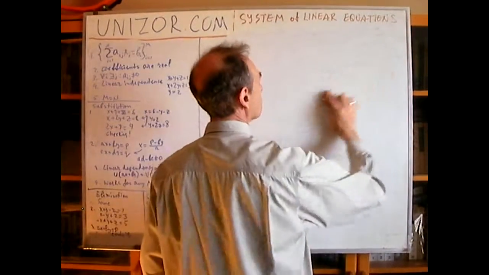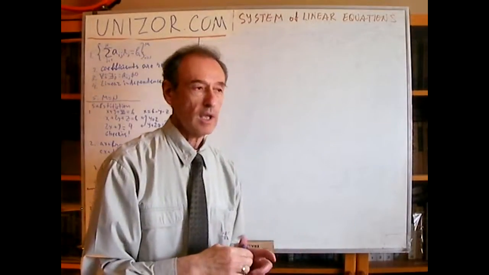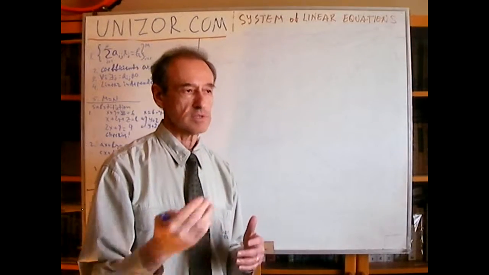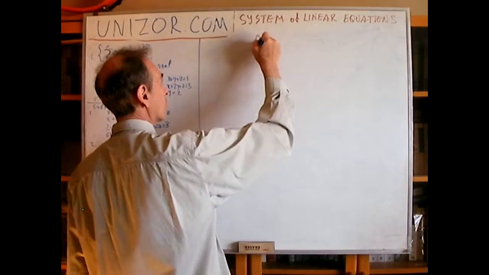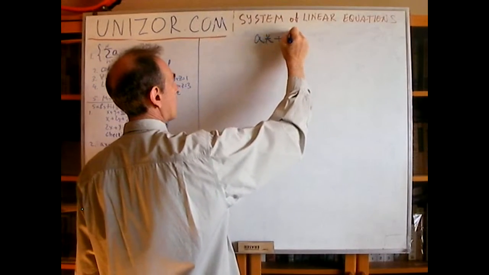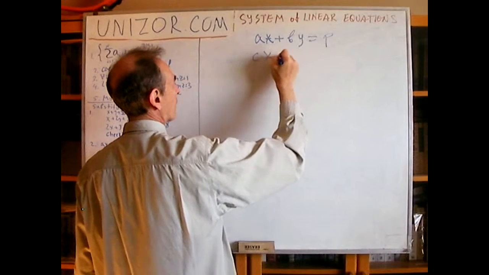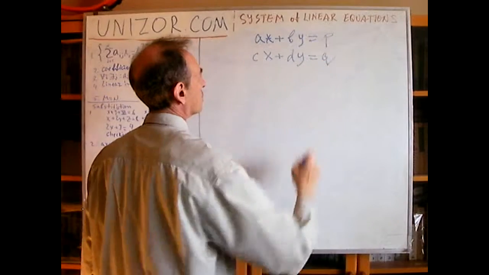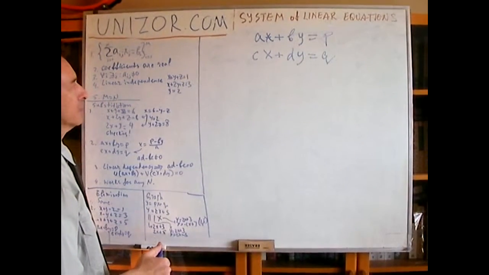Now, I did tell you that there are certain peculiarities which you have to look for, and it's very important with systems of many equations with many variables. But in case of two, it's actually quite easy to do this particular method of elimination.